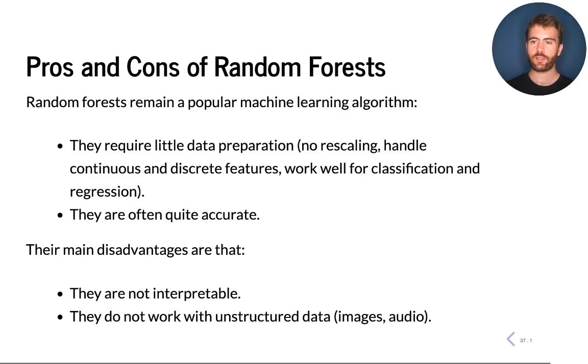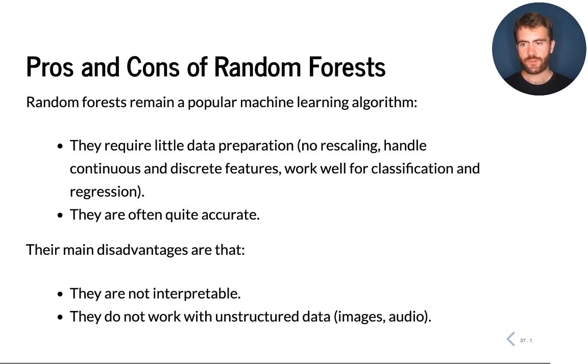And unlike decision trees, they are in practice quite often accurate. So random forests are a very competitive class of algorithms, and on many benchmarks that compare classical machine learning algorithms, random forests perform quite well. On Kaggle competitions, random forests are a competitive model.